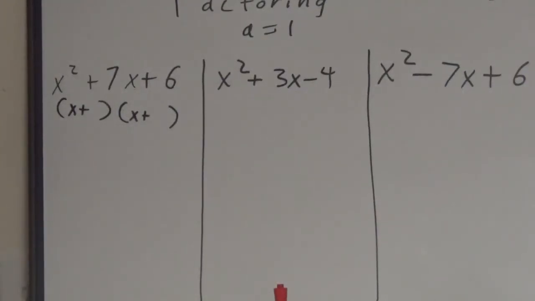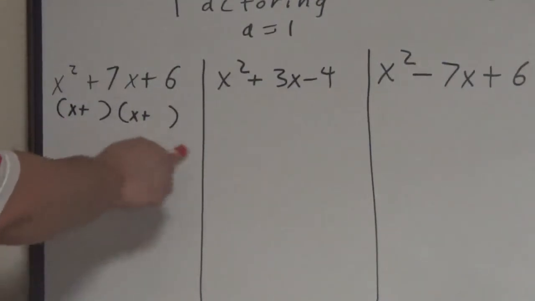It's the opposite of multiplying polynomials. When we don't have a number in front of the x, this is a very easy process. So here's how we do it.